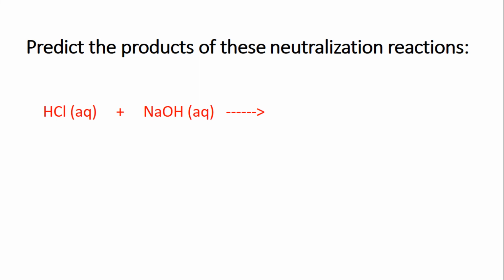But when the positive ions switch, we don't make a precipitate. The sodium ion will go with the chloride ion to make sodium chloride, and the hydrogen ion will go with the hydroxide ion to make a water molecule. The water molecule is shown in blue just to emphasize the fact that we are actually making a product here.